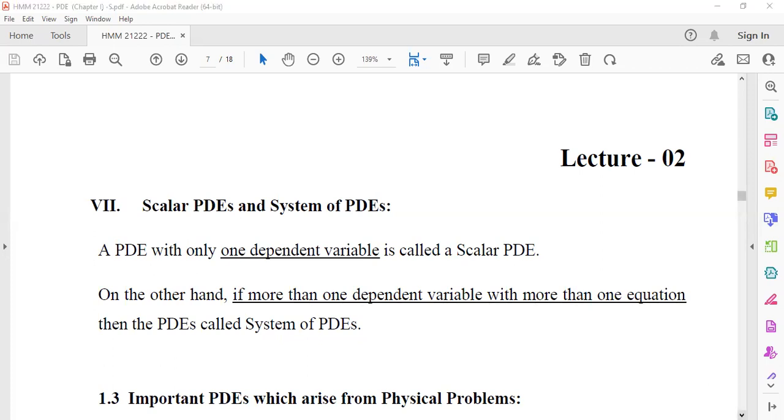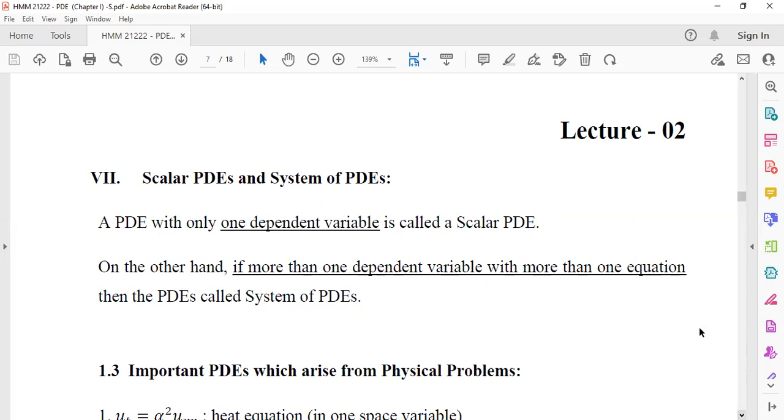There is one more definition, called scalar PDE as well as system of PDEs. What do you mean by scalar? Scalar means maybe like one PDE. A PDE with only one dependent variable, for example u, or f, or z, or any alphabetic letter we use for the dependent variable.